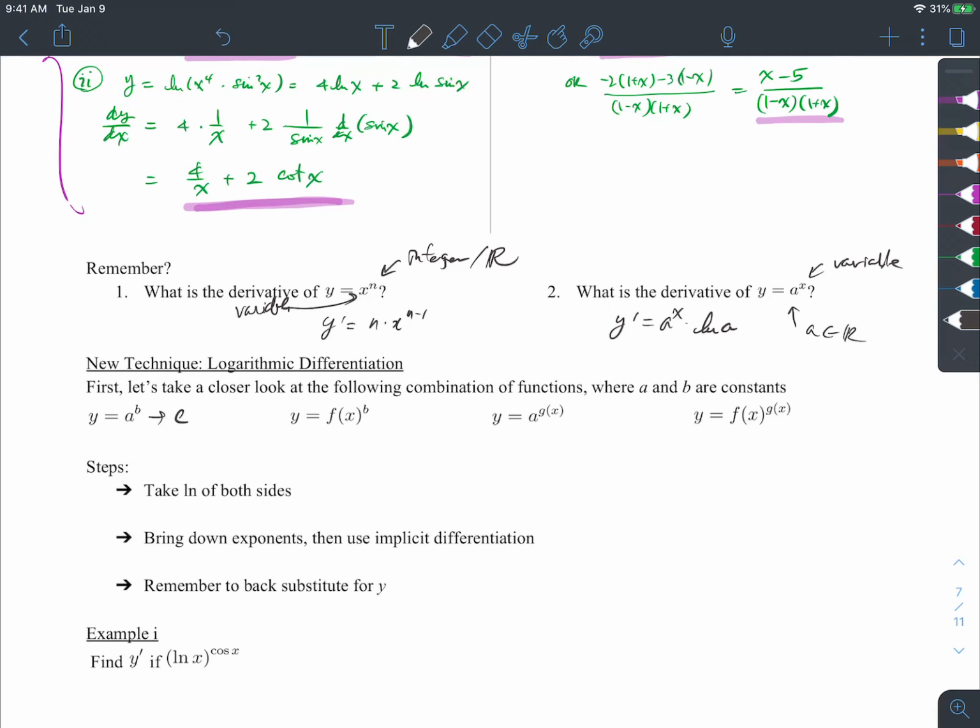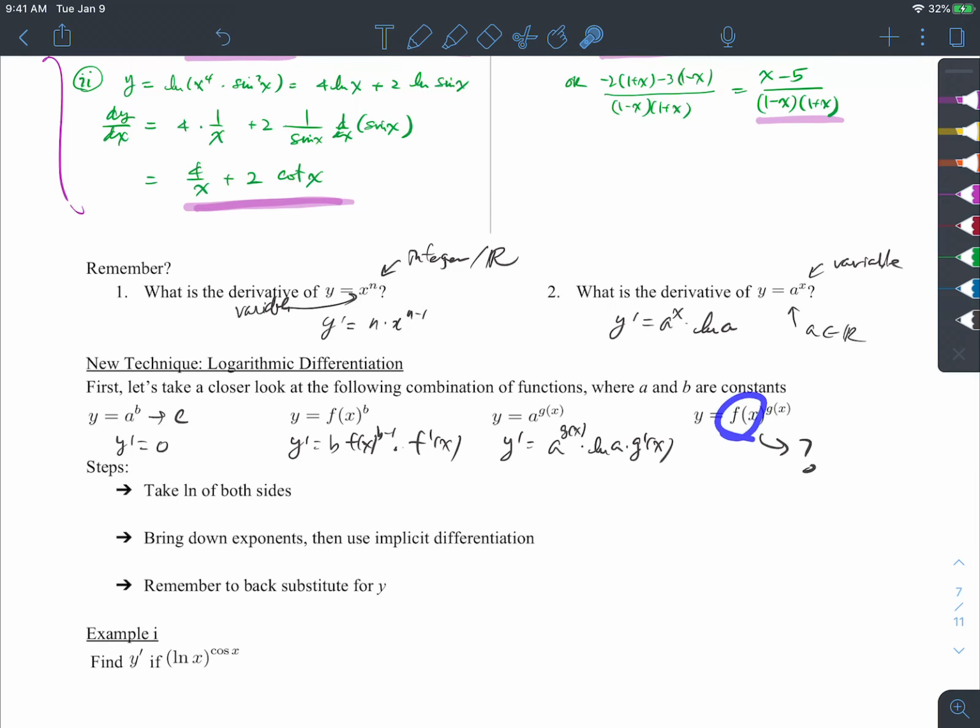So y prime is equal to what? 0. This one, y prime is equal to b times f of x to the b minus 1 times f prime of x, right? And this here, y prime is equal to what? a to the g of x times ln of a times g prime of x. This is the question mark.